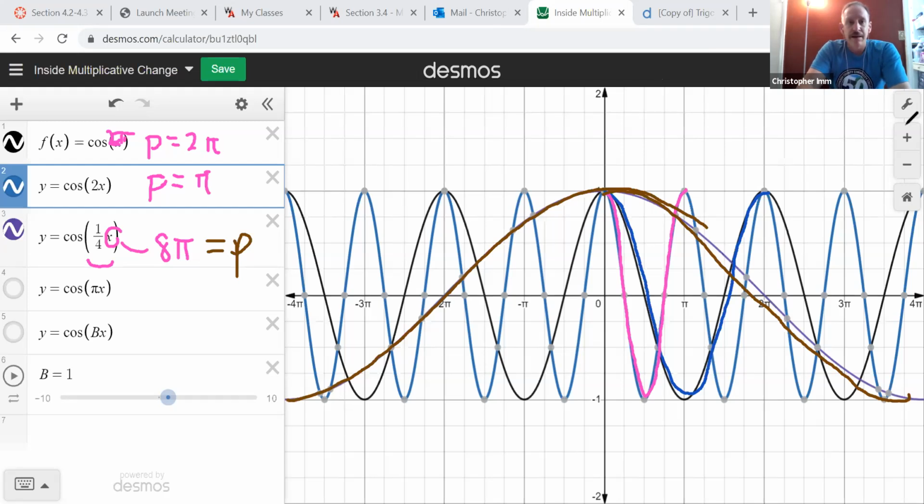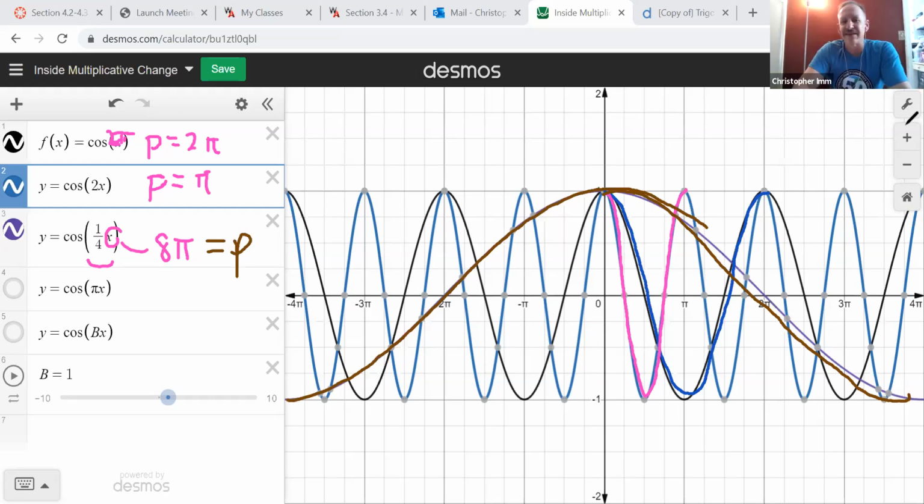Okay. So maybe you see a pattern of how to get the period, because we want to figure out how to get that period by just looking at that number. They call it b that they multiply it by. So does it jump out to any of you how you would get that period just by looking at that number b?